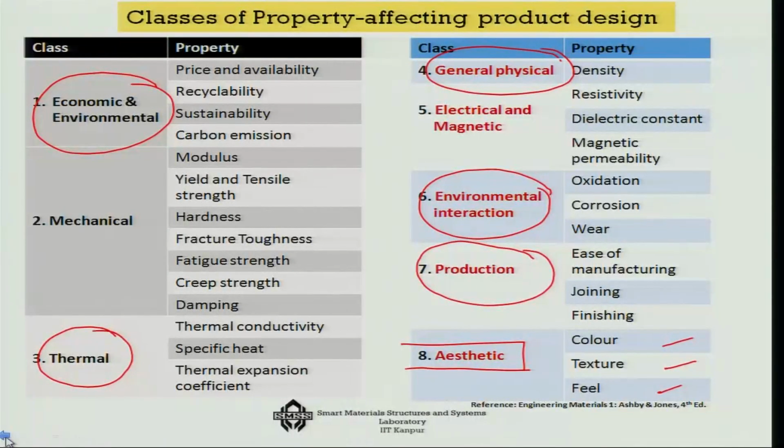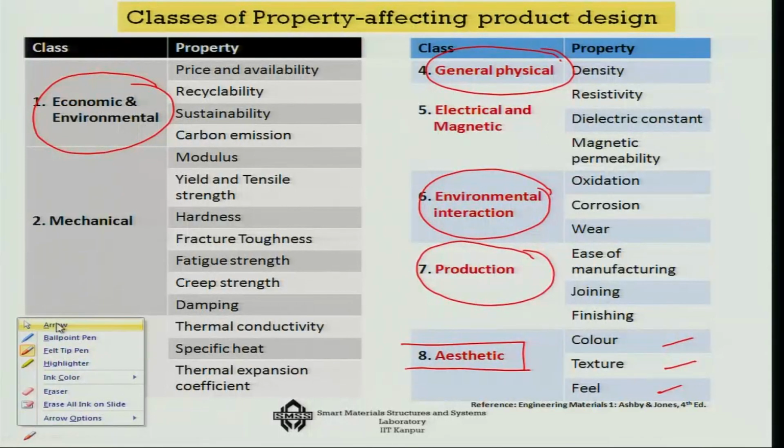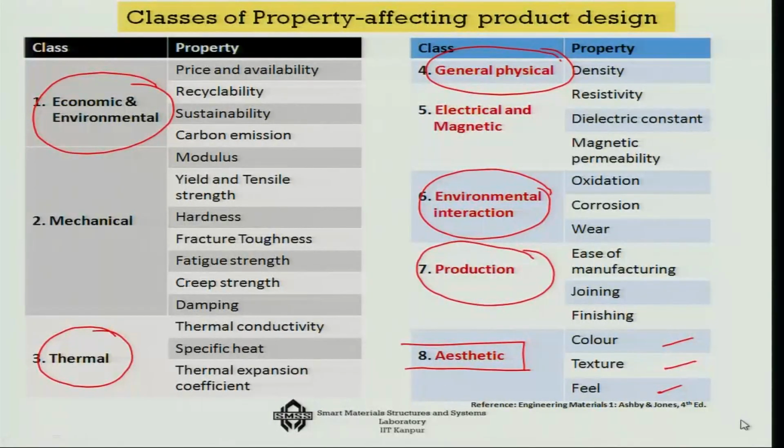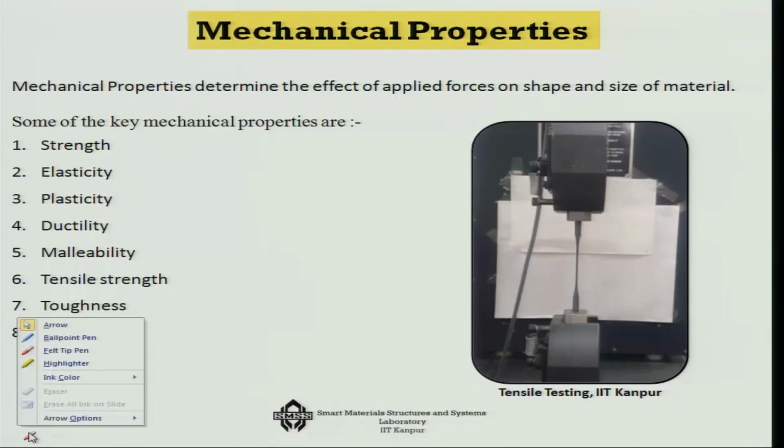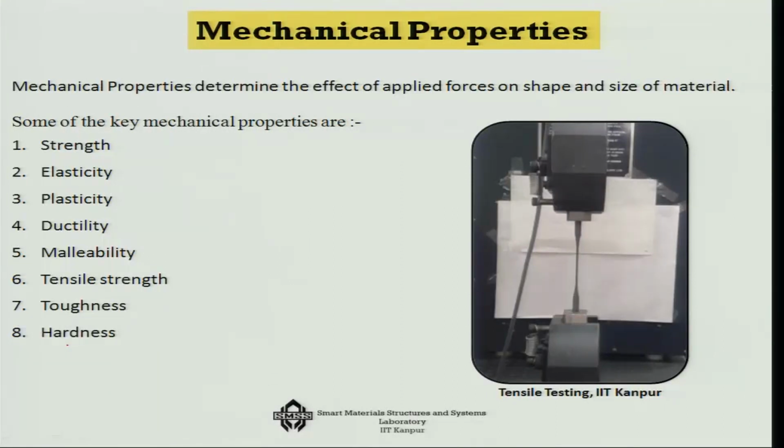So, that is about the overall material properties. Now, let us look specifically into the mechanical properties of the material. There is actually a very large list of mechanical properties, but I have chosen a few of the very important ones which you will need for the day to day mechanical design: the strength of the material, the stiffness, which is actually governed by the modulus of elasticity, then the plasticity from the forming point of view, ductility and malleability.